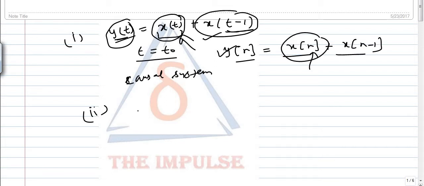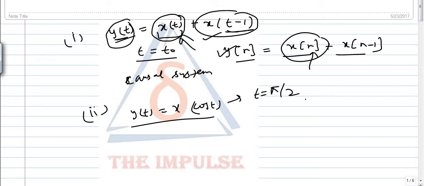Going to the next question, which is y(t) equals x of cos t. In the previous question, we were talking about the system dynamics, whether a system is causal or non-causal. I have taken two times, that is t equals pi by 2 and t equals pi.